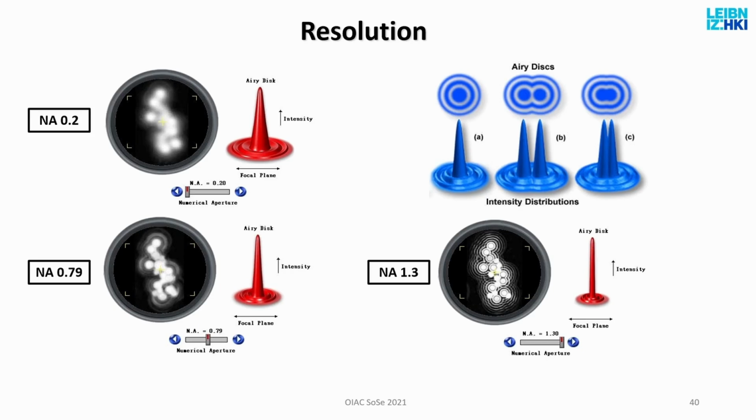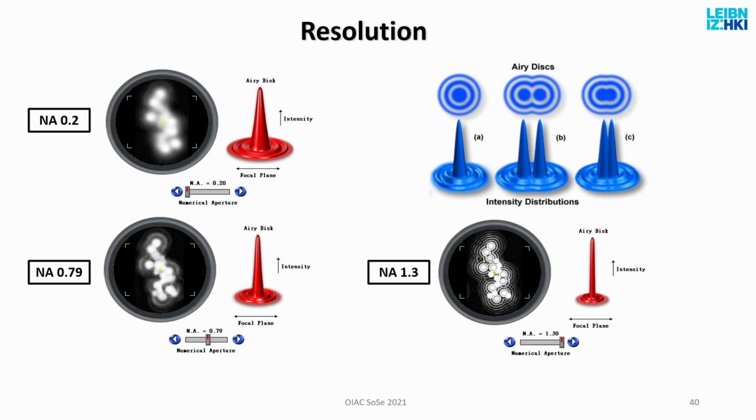So if I want to increase my resolution, I can do two things. Or I can move my objects farther apart. That doesn't work. Or I can make, oh, that's my break indicator that we should have a break. Or I can make the thickness of the Airy pattern smaller.